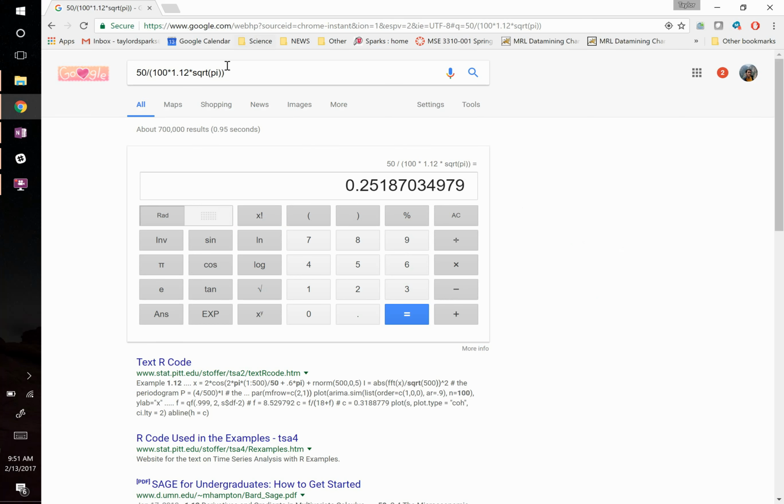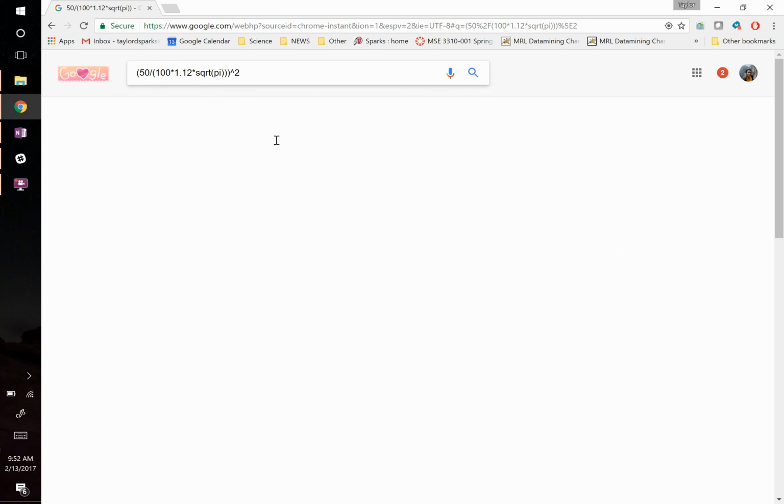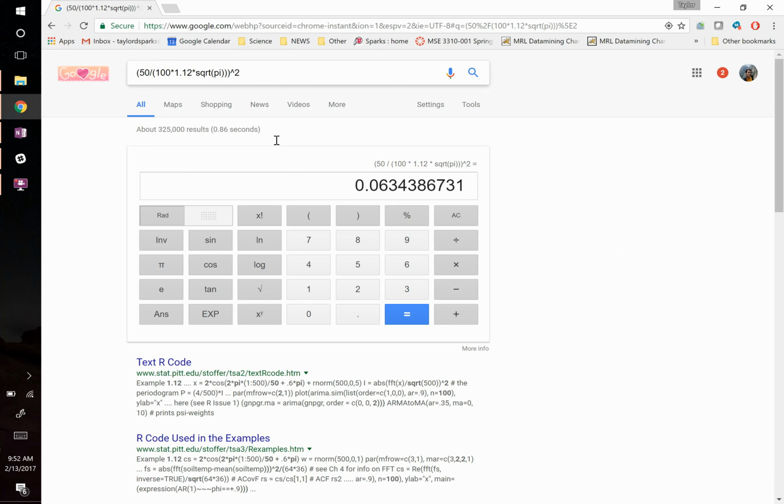Did I mess up something? Oh, I gotta take the square root of this. Or I gotta square it, sorry. Yeah, so I get 6.3 centimeters, because as I put it in, everything was in megapascal root meters. Megapascals cancel, and you're left with just root meters. When you square, that's the answer in meters. So 63 millimeters. So that's saying your flaw can be 63 millimeters big. That's a huge flaw, right?